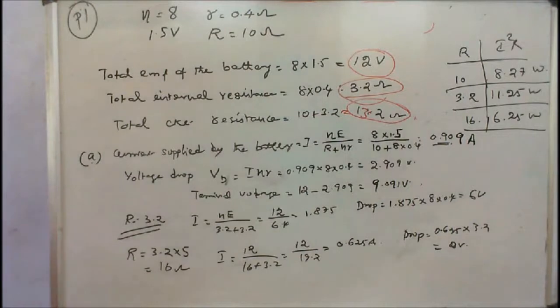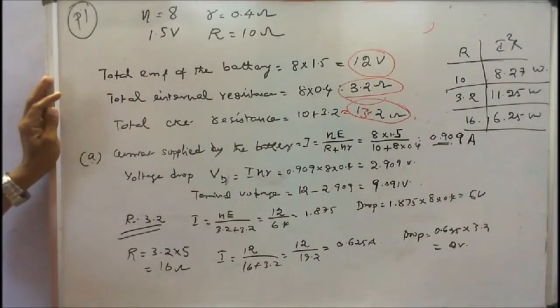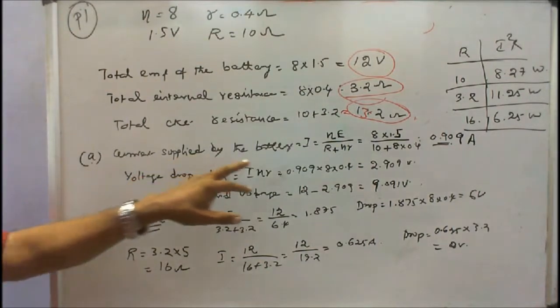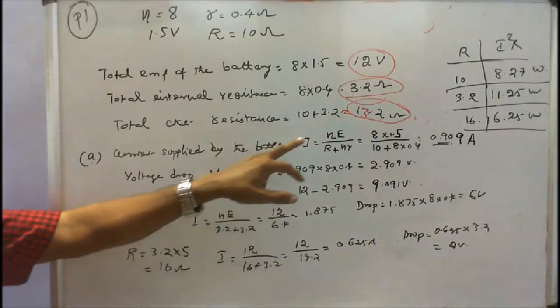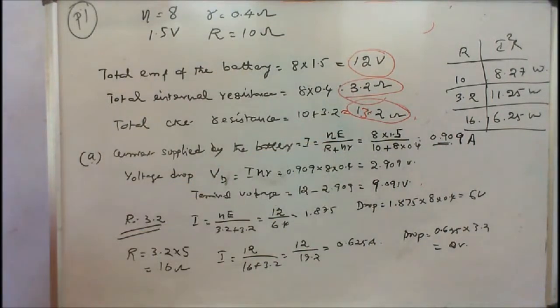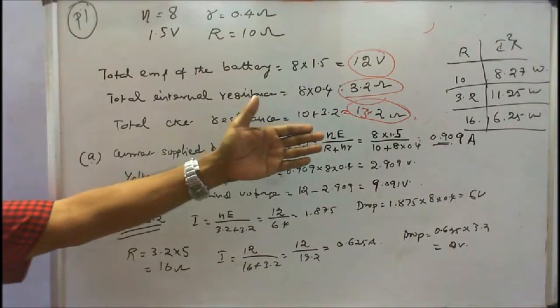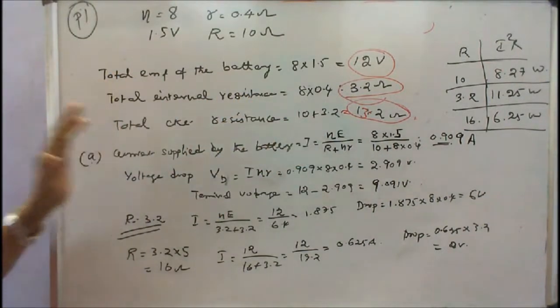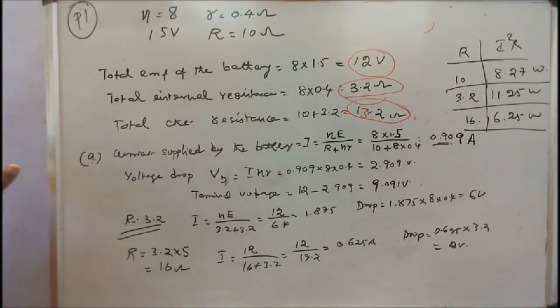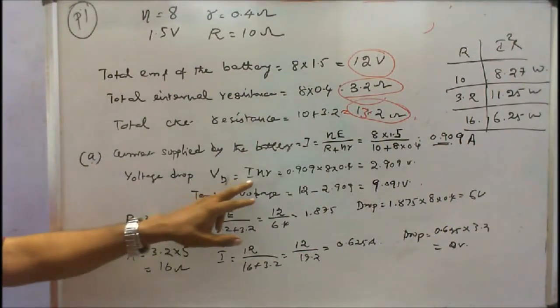So I can easily find the current. 12 divided by 13.2, I will get 0.909, or I can use this formula. Current supplied by the battery is equal to n into E divided by R plus n into r. I substitute in the formula, I will get the same result, 0.909 amps. Therefore, I can find the voltage drop once I know the current. I into n into r.